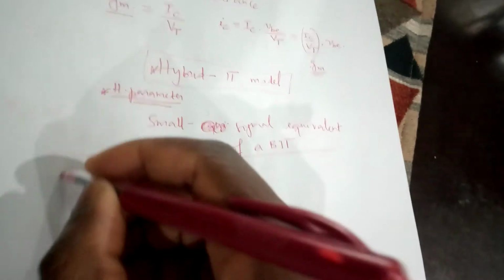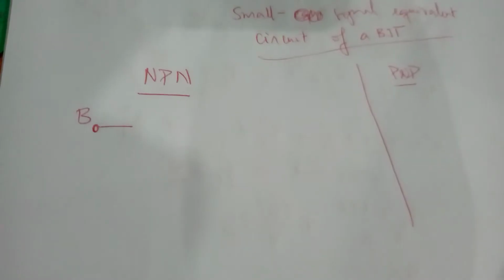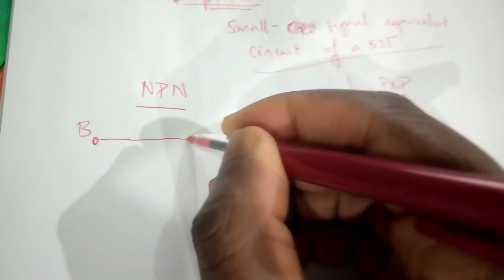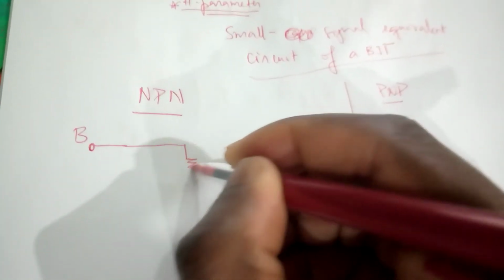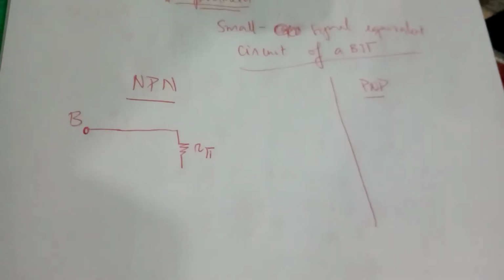So, and I want you to be very careful here and open up your ears to listen properly. We'll look at the NPN case, and we're gonna look at the PNP. When it comes to the NPN BJT, as we go from the base of the transistor, we can see through the transistor a small internal resistance that we call R pi in hybrid pi model.